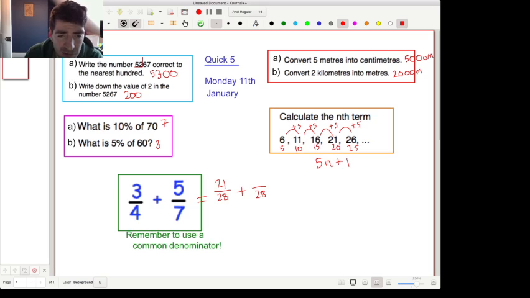And we see that 5/7 is equivalent to 20 out of 28. So then our answer is going to be 41 out of 28. I'm happy if you leave your answer like that. It doesn't simplify. You could also turn it into a mixed number, which would be 1 whole and 13/28. Okay, so hopefully those went okay, and if not, I hope the explanation made sense.